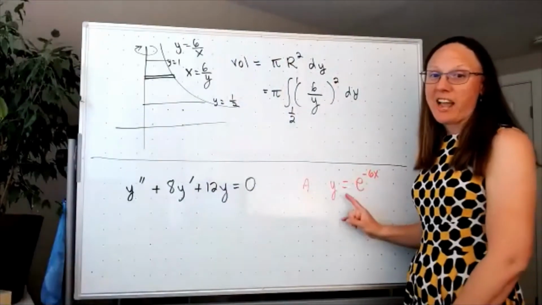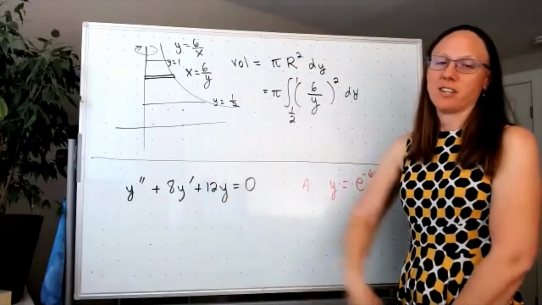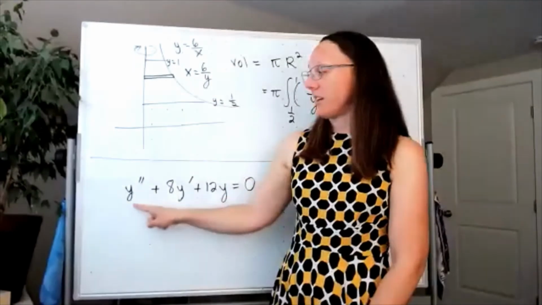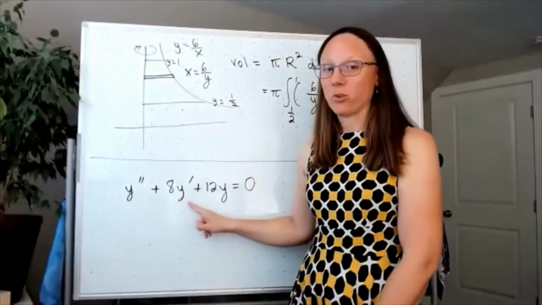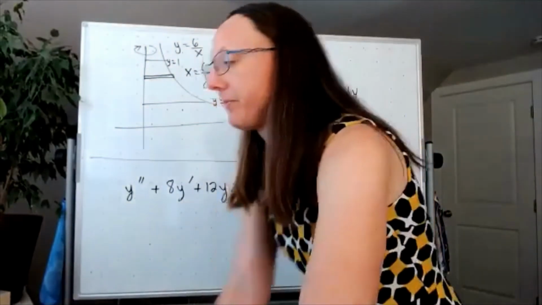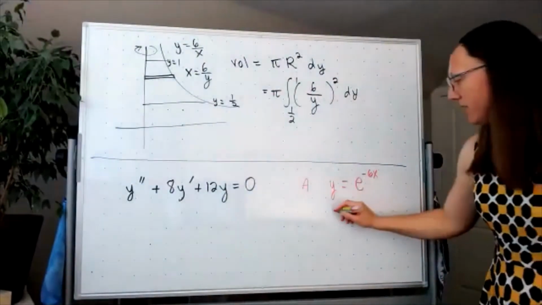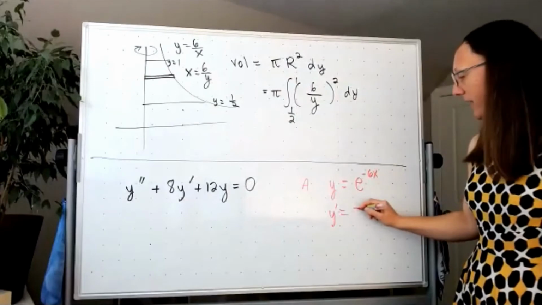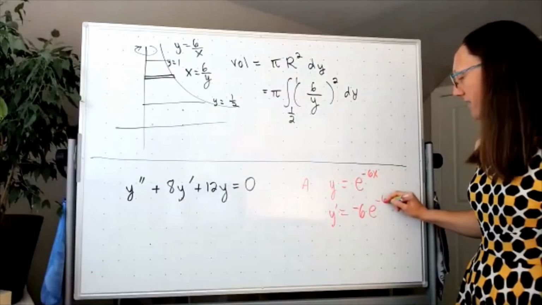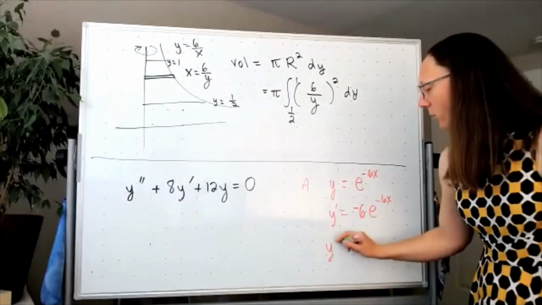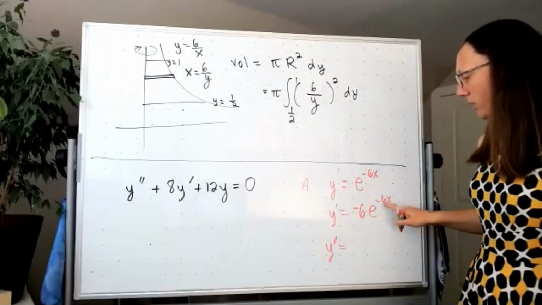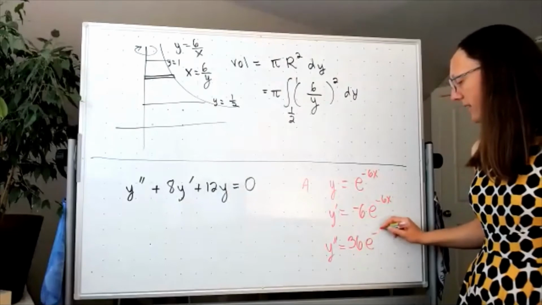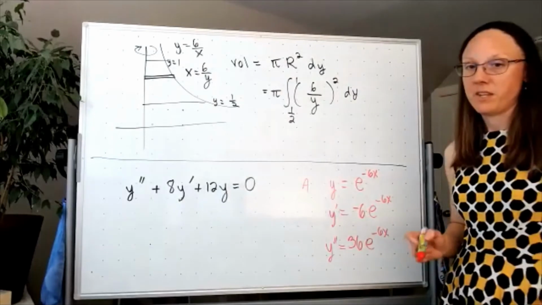If I'm going to check whether this is a solution to this differential equation, I'm going to have to find y prime and y double prime to plug in. So y prime, from e to the negative 6x, I'm going to get negative 6 e to the negative 6x. And y double prime: negative 6 times negative 6 is positive 36 e to the negative 6x.